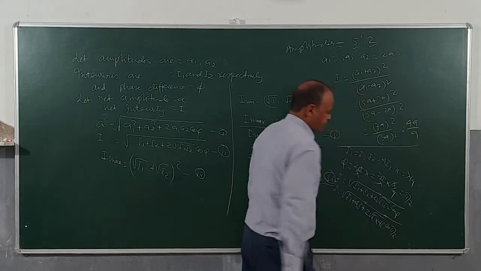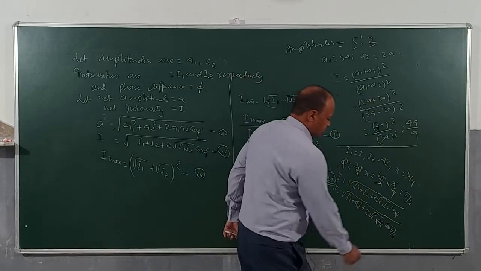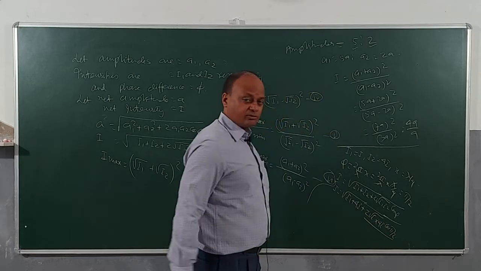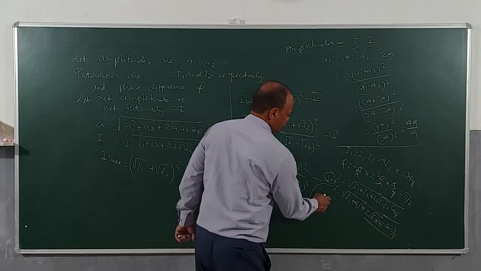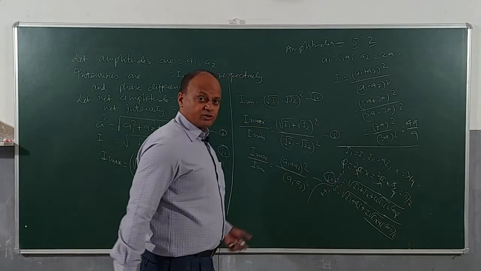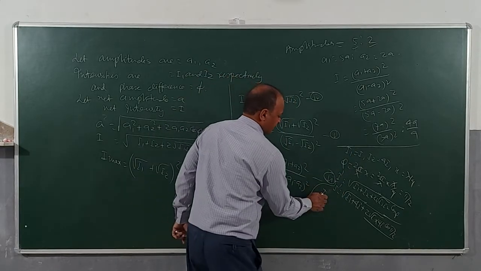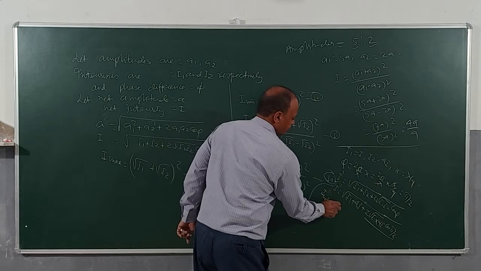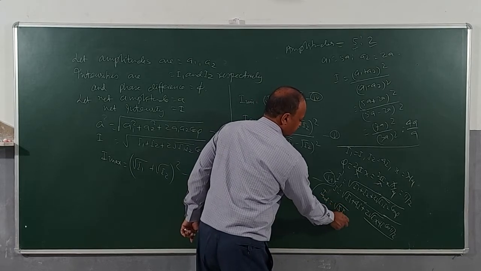And children, how much is cos pi by 2? 0. So this part becomes how much here? 0. So net intensity will be, I'll better write I dash because I've already used the symbol I. So I net will be equal to root 5I.